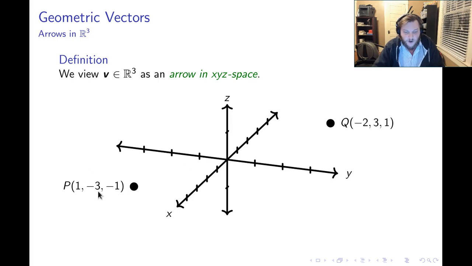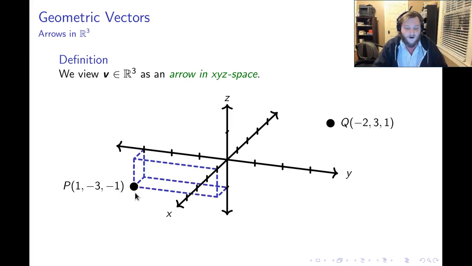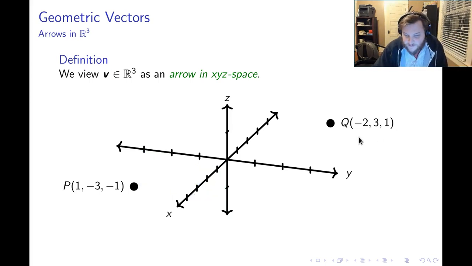Then we should go 3 units in the negative y direction, so we should go 1, 2, 3 units in the negative y direction, and then we should go 1 unit down, so in the negative z direction, so down here. So if we were measuring the location 1, -3, -1, this is how we would do it in the xyz space. Same goes for this other point over here.